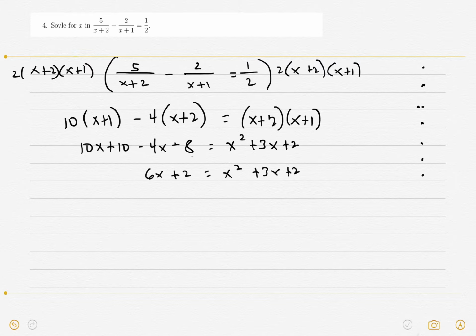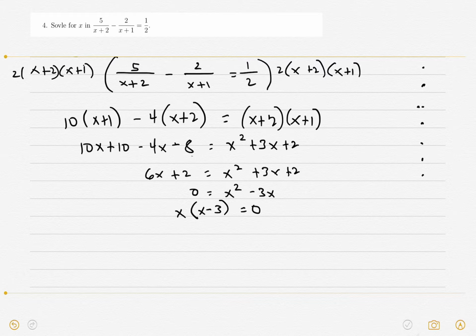And then, pag kinombine natin yung terms natin, it will give you x squared minus 3x is equal to 0. You can factor out x times x minus 3 equal to 0.